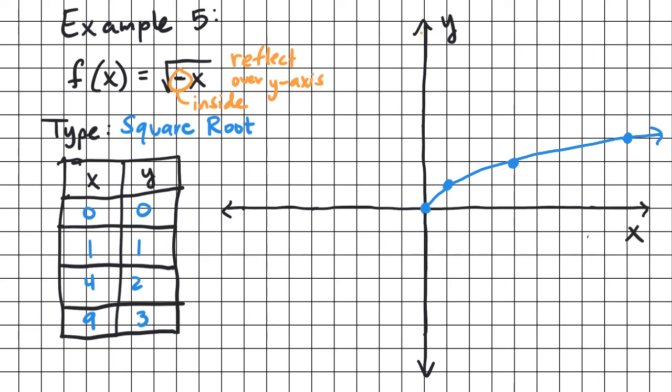So the y-axis is going to be my mirror. And so all the points that were on the right side will be reflected to the left side. So that means this point would be over here, this one would be here, and this one would be 1, 2, 3, 4, 5, 6, 7, 8.